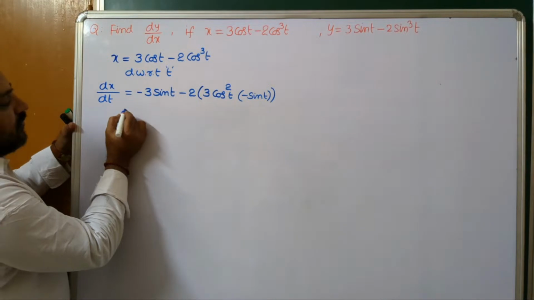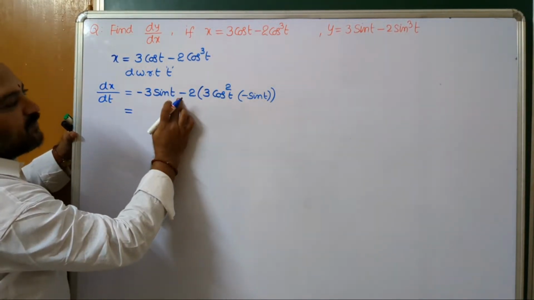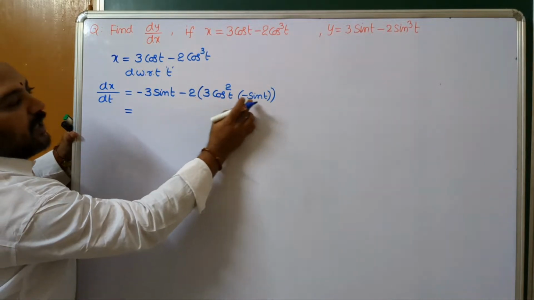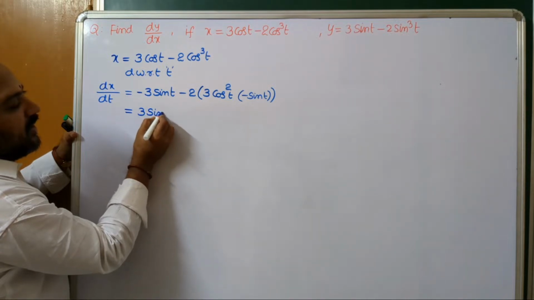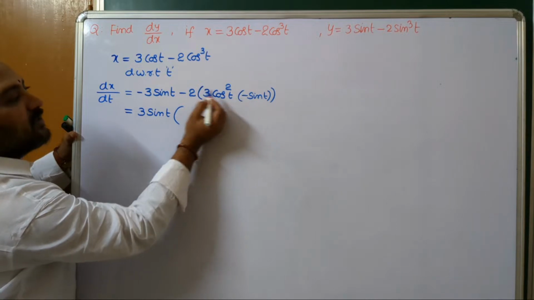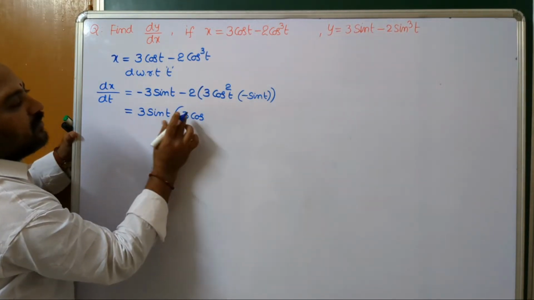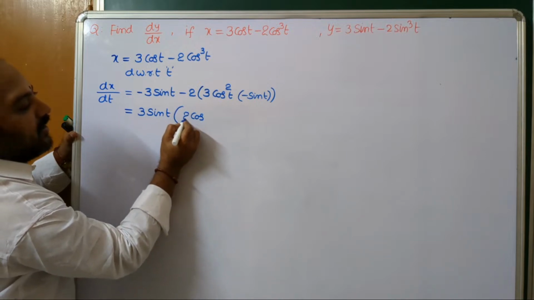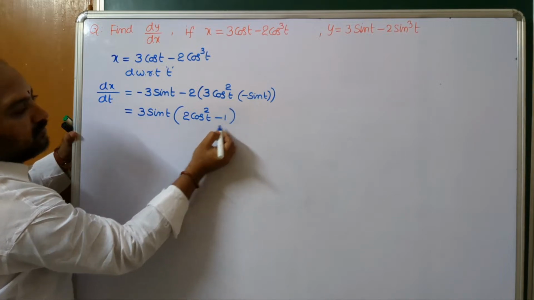So which is equal to, from these two, minus into minus is plus anyway, 3 sin t I am going to take common. If we take 3 sin t out common, minus into minus is plus, so remaining is 2 cos square t, here minus 1.